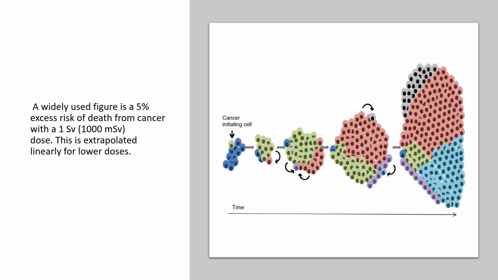Remember, acute dose is the amount of radiation we get at one time. We may get several different doses that add up to 1,000 millisieverts over a period of time. Anyway, 1,000, that's a pretty good number, isn't it?